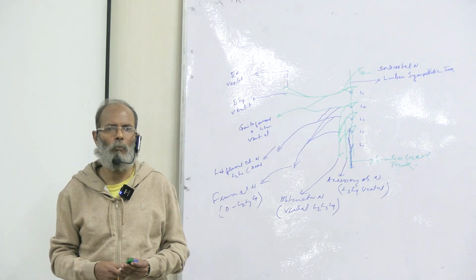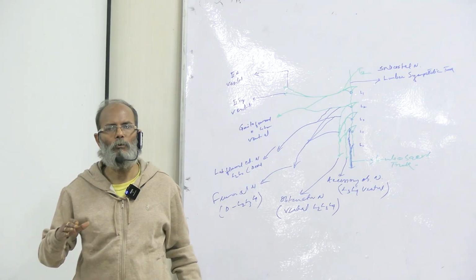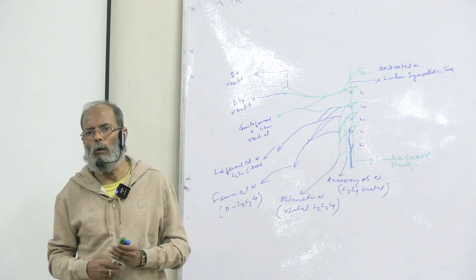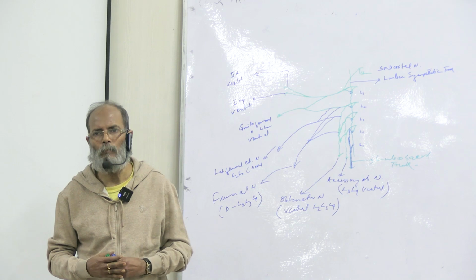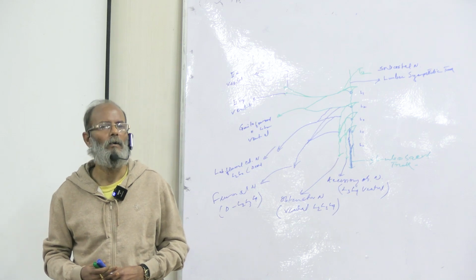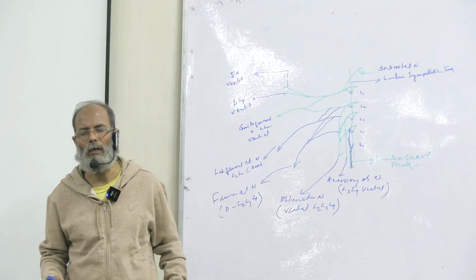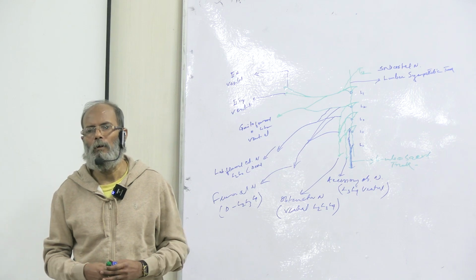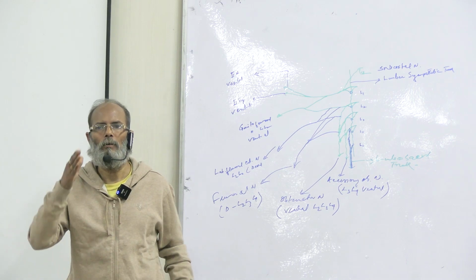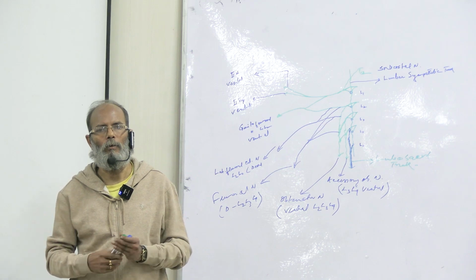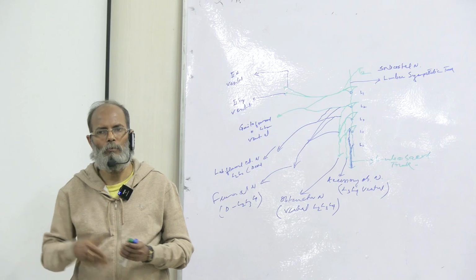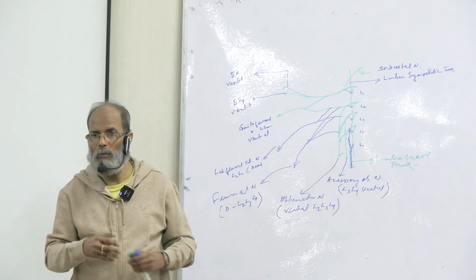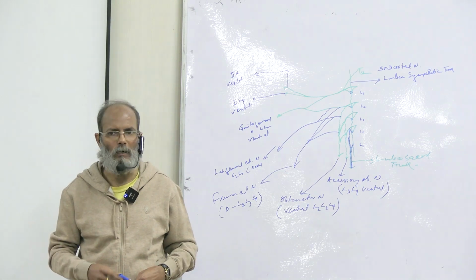Alright. Now one more nerve needs to be described a little more. What is that? That is the obturator nerve. All these, ilioinguinal, iliohypogastric, these nerves come out from the lateral border of the psoas major.